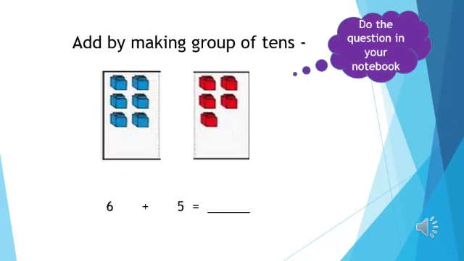And how do you have to do the addition? You have to make a group of 10 first, and then you will have to count the loose ones. In that way, you can find out the answer of the addition. So again, you will note down the question in very neat and clean handwriting in your notebook.